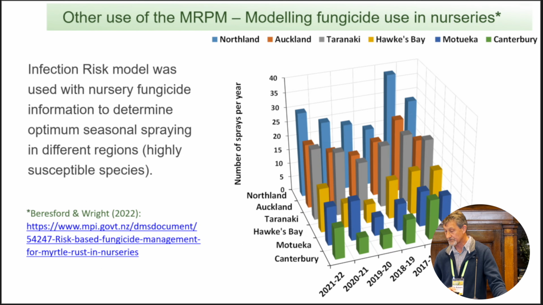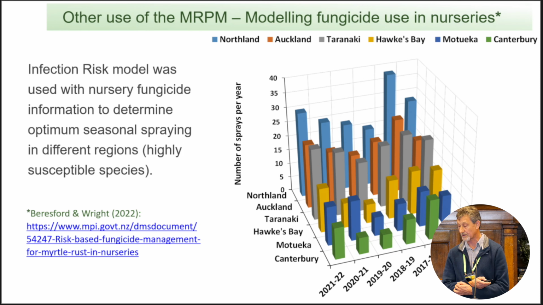Now, we've also used the myrtle rust process model for modelling fungicide use patterns in nurseries. We took nursery fungicide information from the industry and used the risk model to look at optimum seasonal spraying in different regions, assuming a highly susceptible species.